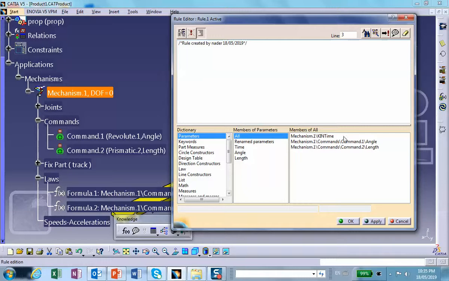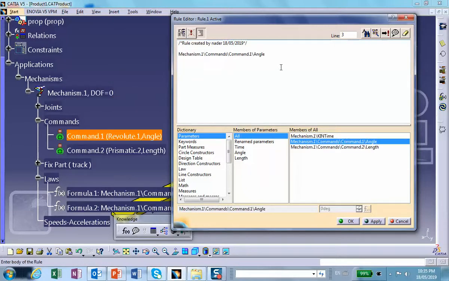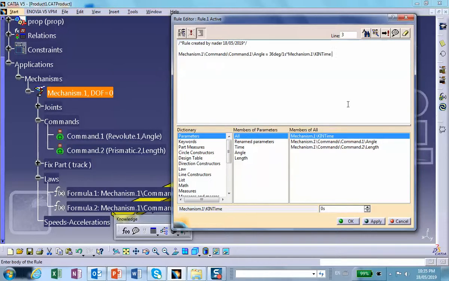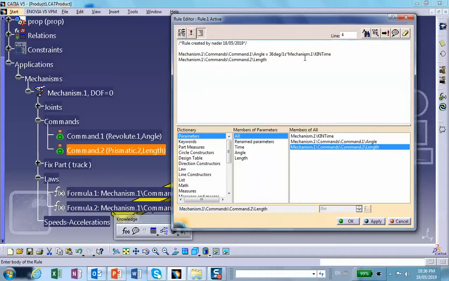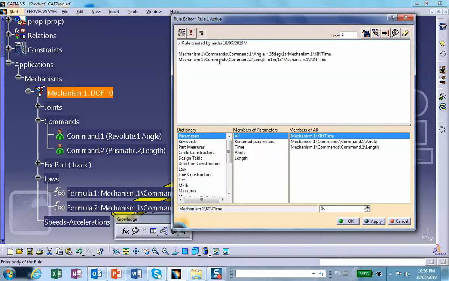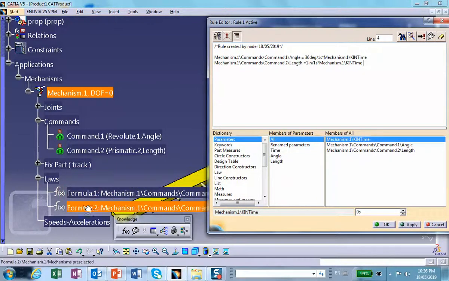So angle equal to 36 degrees in 1 second times time, and then position, or the command for the prismatic joint, equal to 1 inch over 1 second times time. So these are exactly what I typed here, except that these were inputted as formulas. This is as a rule.